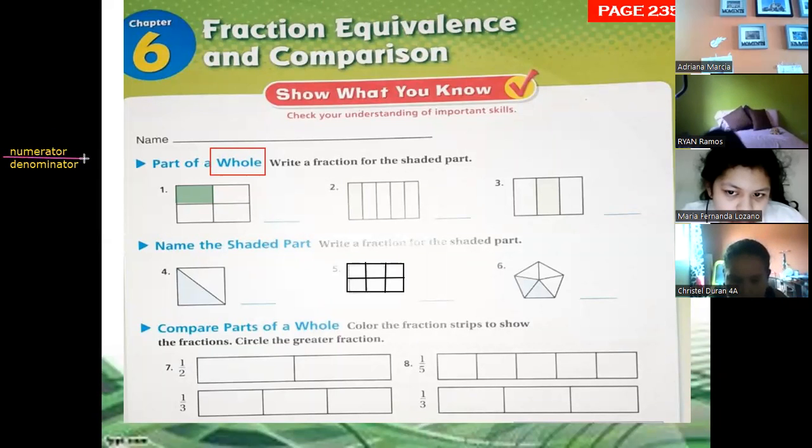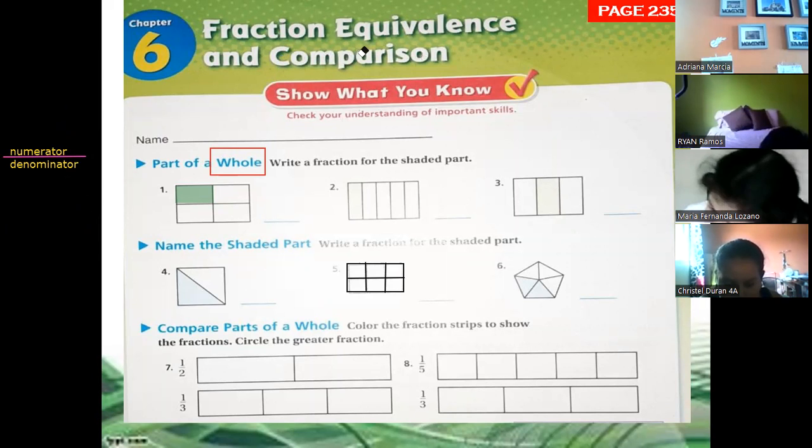This is a fraction. The number above the line, which is this one, is a numerator. And the number under the line is the denominator. The denominator is the number of parts a whole is divided into.